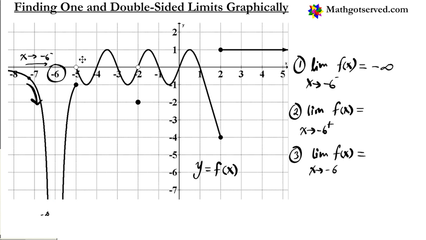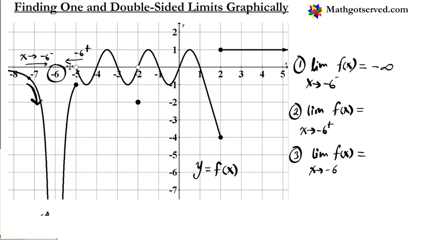How about the right-sided limit? For number 2, x is approaching -6 from the right. So as x approaches -6 from the right, we jump to this curve right here. Let's say you're driving along this curve in this direction. Are you increasing, decreasing, or staying constant?